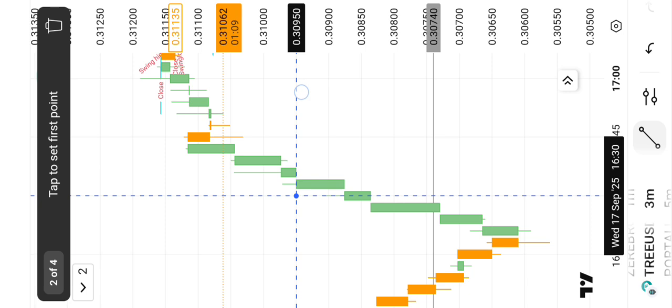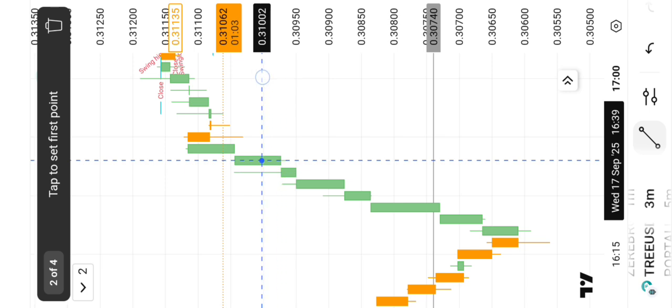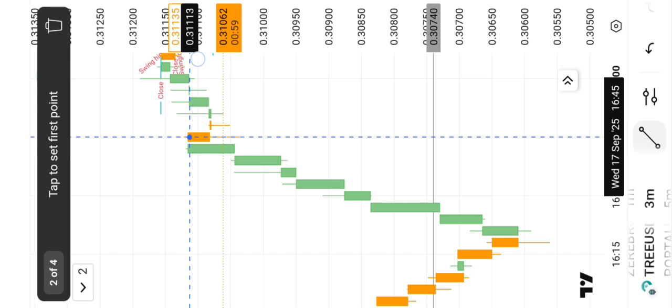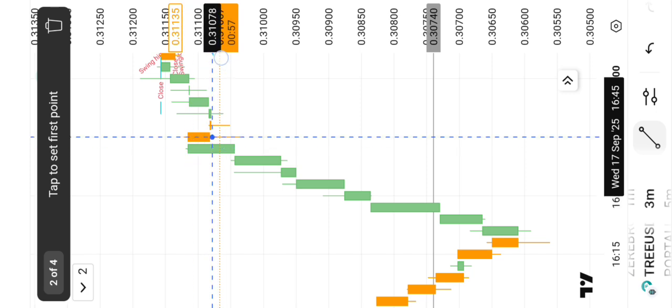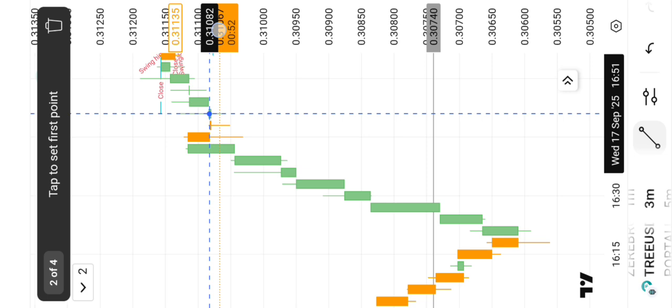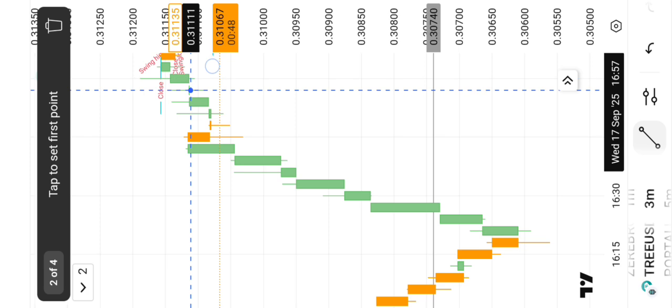You can see that where a previous candle closes, that's where the new candle opens. The bearish candle opens here, closes here, opens here, closes here. One opens at the same spot, closes at the same spot, opens here.